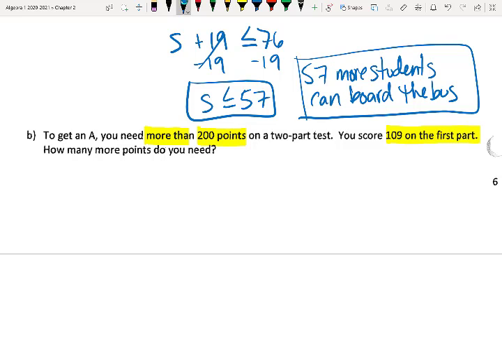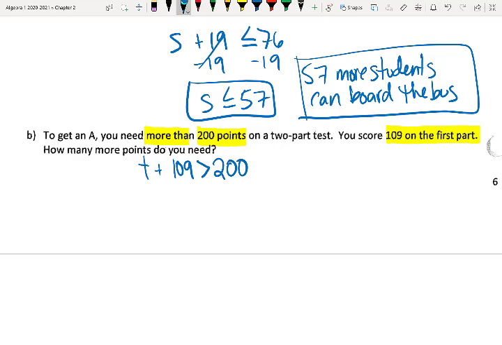Well, your total score is going to be, let's just say T for test plus 109 is your total score. We need that to be greater than 200. So that's going to be my inequality that's set up.